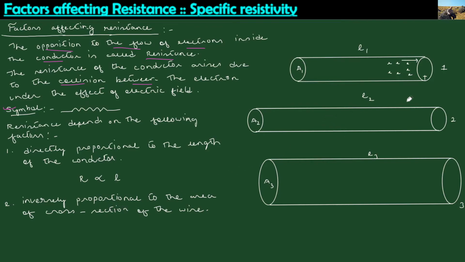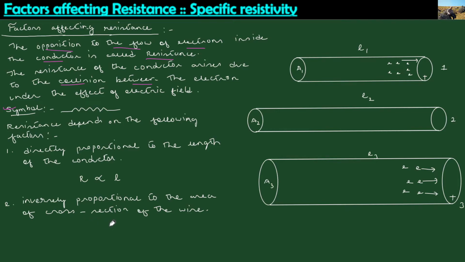Now the second condition. As the area decreases, which means that as the area is very small, the resistance will be large. And as the area is large, electrons can move swiftly. Suppose if this end has a positive potential, then all these electrons which are negative will move towards this end of the wire.